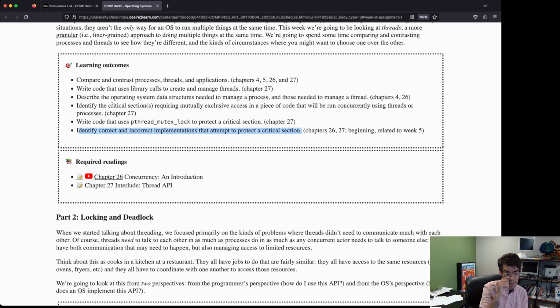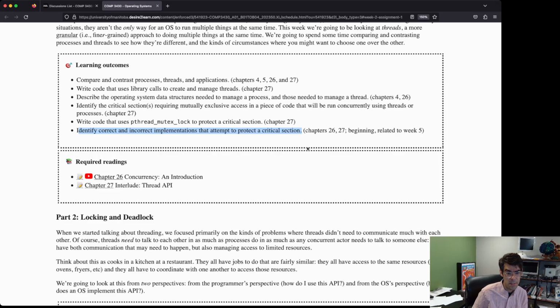You're also going to be assessed on this in lab 2, where you're going to be building your own locks, and you're going to be building them iteratively, where you're going to start with a broken lock and then work your way up to something that actually uses atomic operations to build and implement a correct lock.